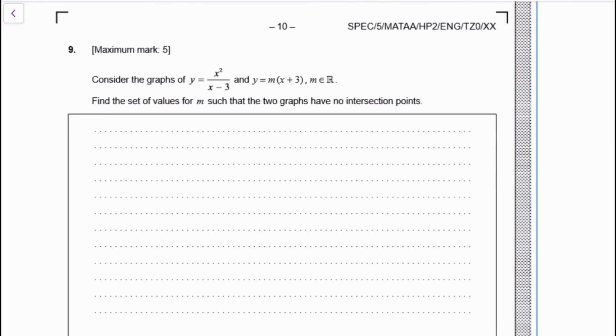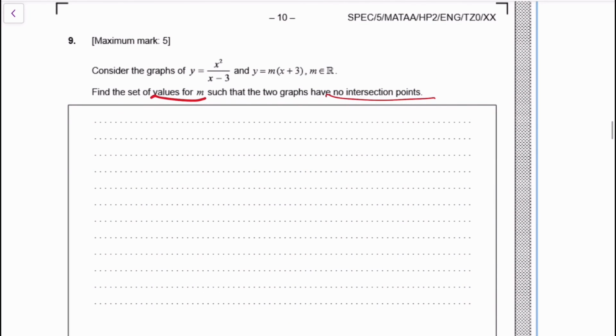Last one. Find a set of values of m where the graphs have no intersection. Is this the last question of section A? How easy is this? It already feels like a discriminant question, very suspiciously. Wow, it's so basic.